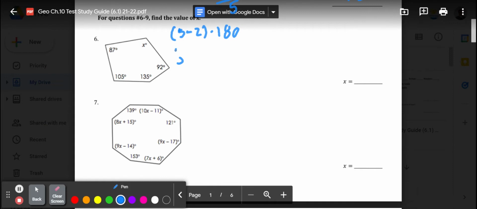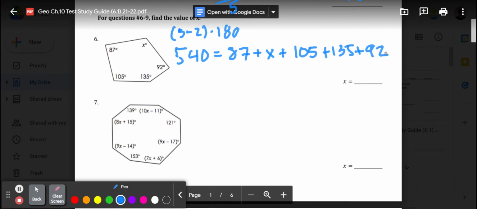So we have 540 equals, and then we sum all this up: 87 plus x plus 105 plus 135 and plus 92. Just add away, and then subtract from 540 and you should get 121.